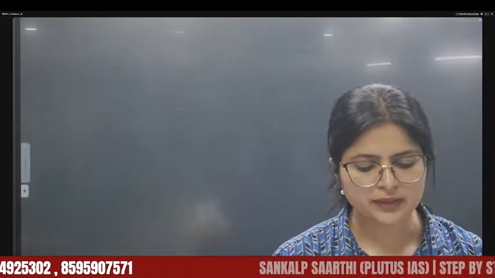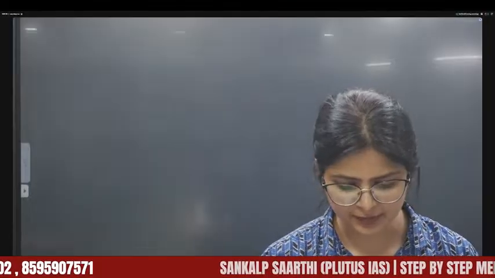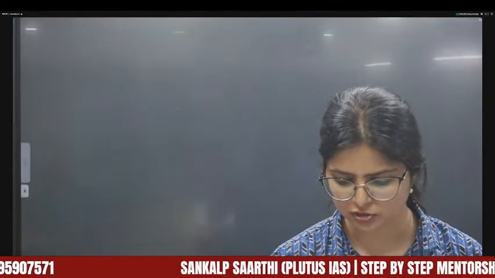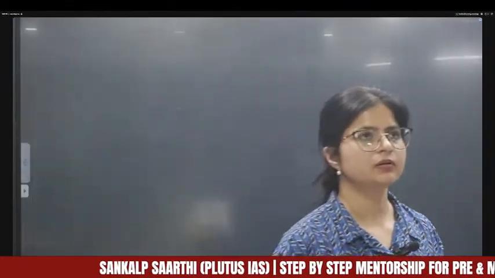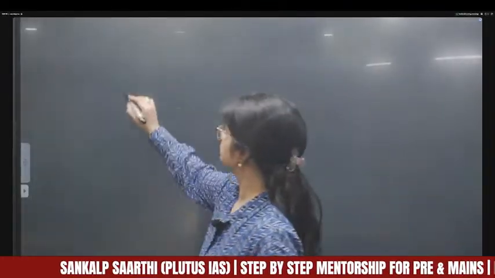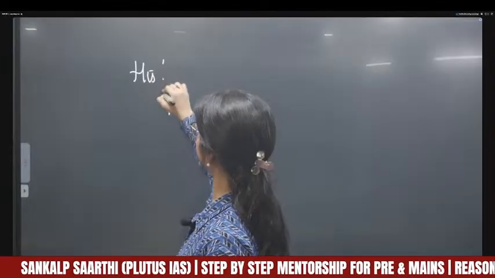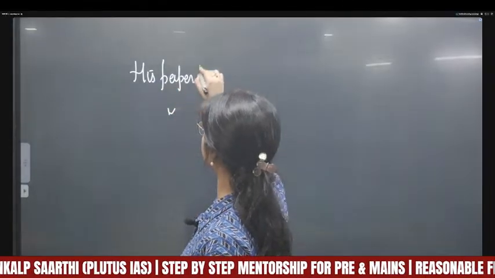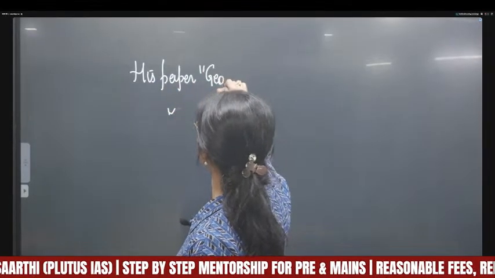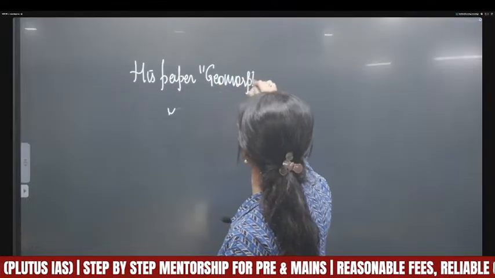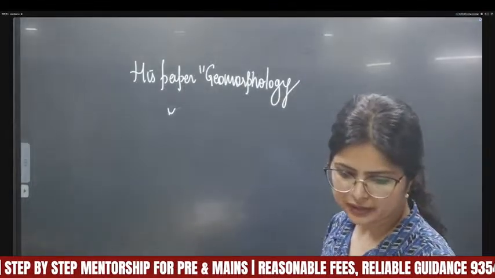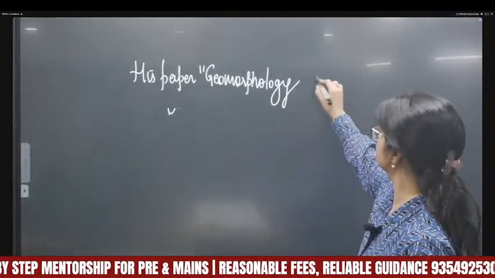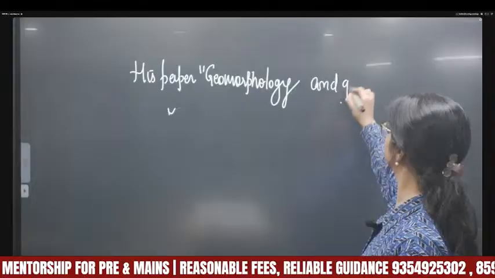Okay. Now, in his paper, write down. In his paper, put a double inverted comma, Geomorphology and General Systems Theory.